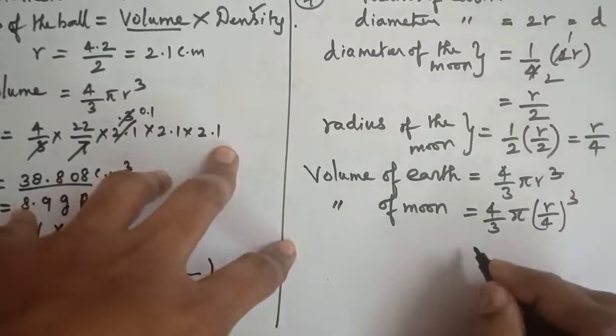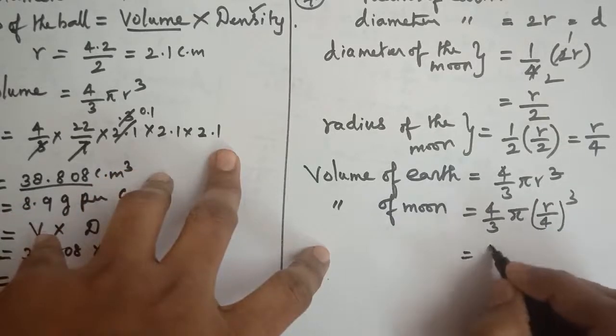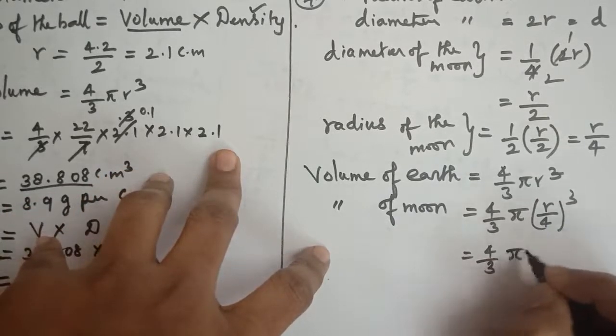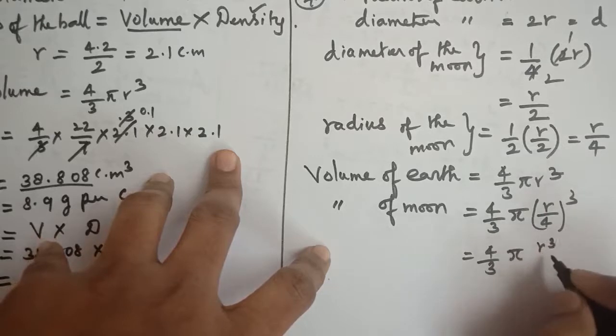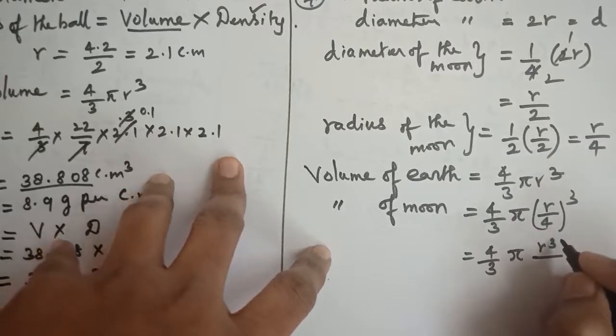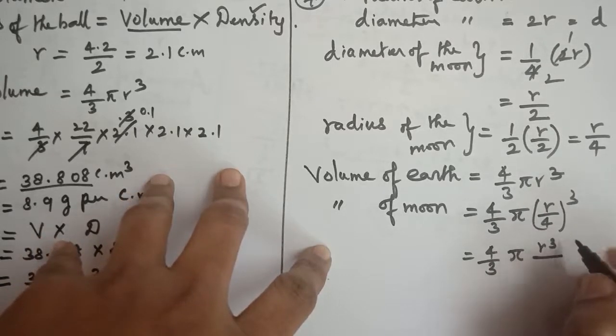That is 4/3 pi, r cube divided by 4 cube. 4 fours are 16, 16 into 4 is 64.